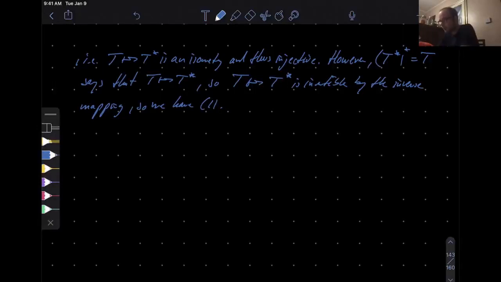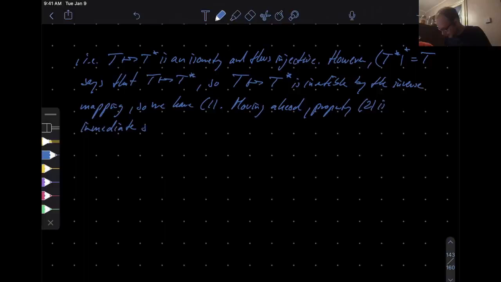Now what comes next? Property 2, this decomposition property. Moving ahead. Property 2 is also immediate, since, well, again, you have to play around with the yellow box.